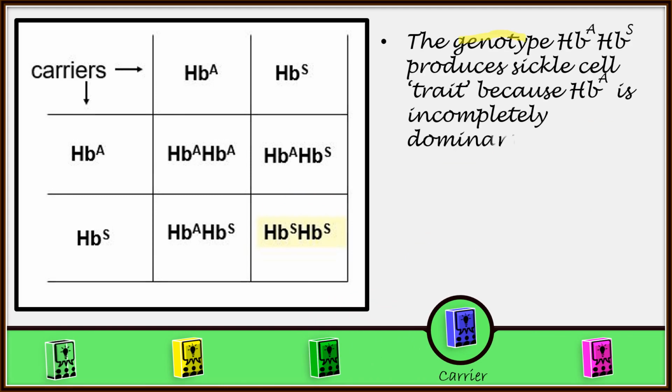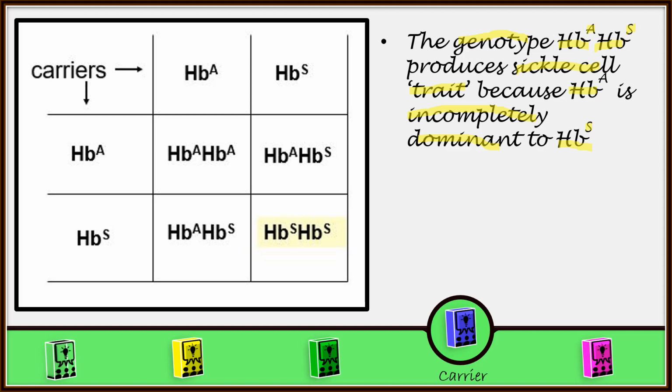The genotype HbA, HbS, this one produces sickle cell traits because Hb normal is incompletely dominant to Hb sickle.